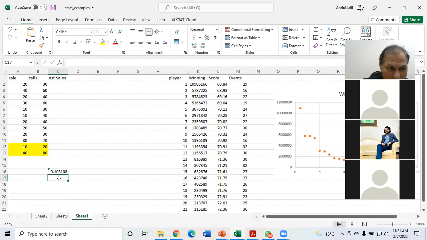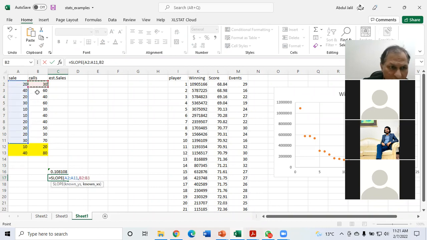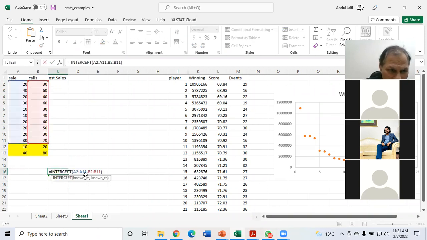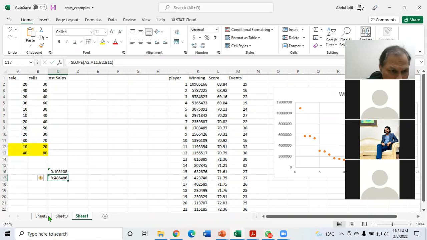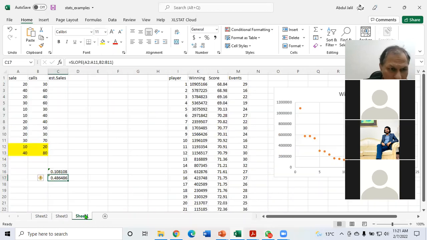Just enter, you will get this, and then you will write slope, and in slope again you have these y variables, comma, you have this x variable, bracket close, enter. You will get this, right? Exactly the same answers we got.